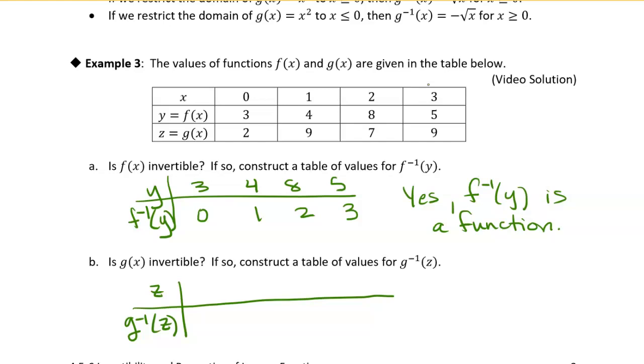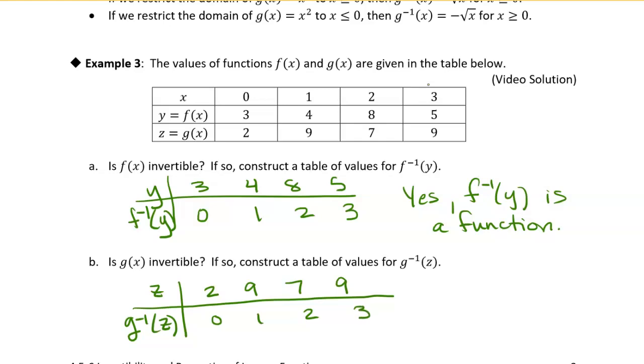So our inputs are z values, which are the g values. The output values of g are the input values to g inverse. So 2, 9, 7, and 9, which might make you suspicious right there, because 9 occurs twice. Corresponding x values are 0, 1, 2, and 3.